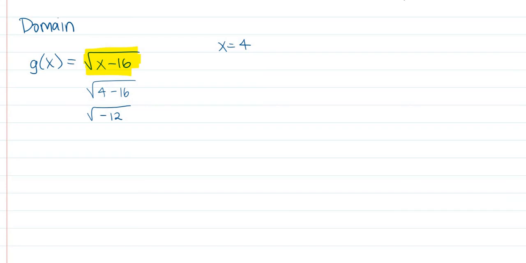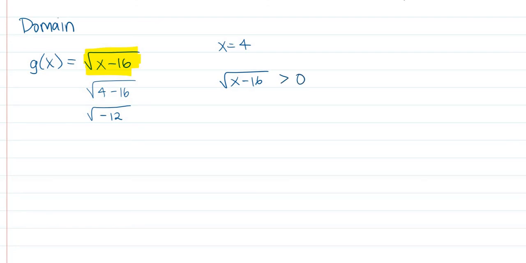So what we need to do is figure out what are all the values for which it would be defined. The way we figure that out is, we think to ourselves, okay, square roots have to be positive. So we need this expression, the square root of x minus 16, to be greater than 0.